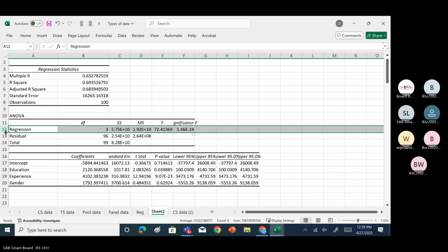Why? It is less than 0.05, which confirms a significant impact, plus the coefficient is positive, so it is a positive impact. Therefore, we can accept the first hypothesis.